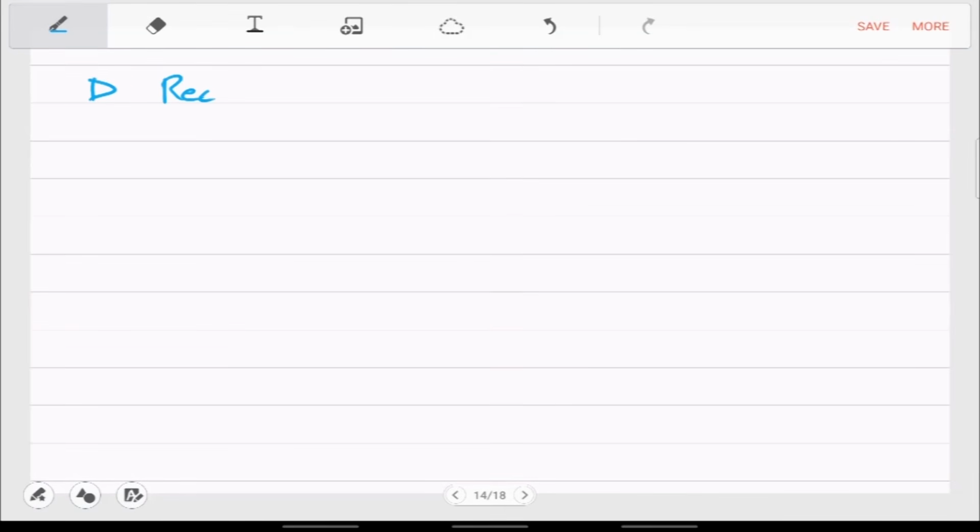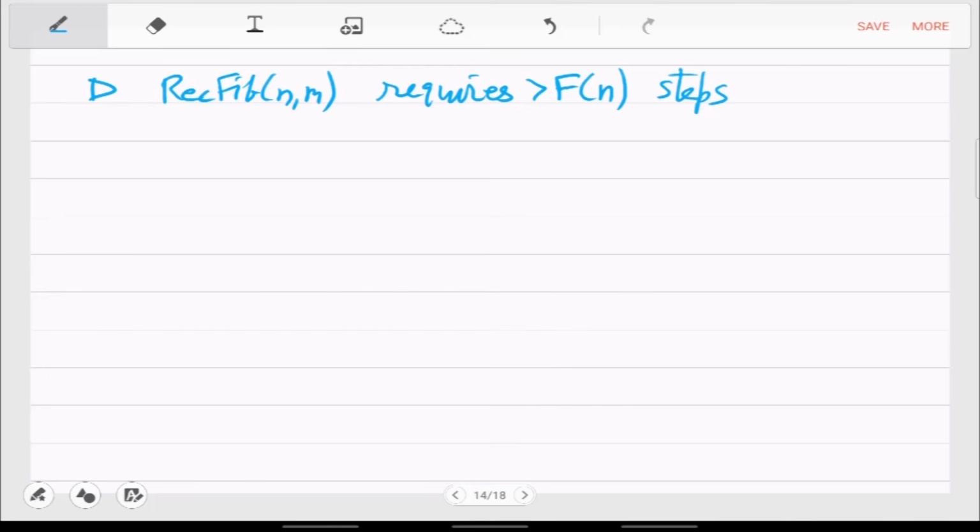So this takes at least as many steps as is the value of f of n, the nth Fibonacci number. Right, because the recurrence that you get for time will be the same: the time for n minus 1 plus time for n minus 2 plus the additional arithmetic plus mod m.